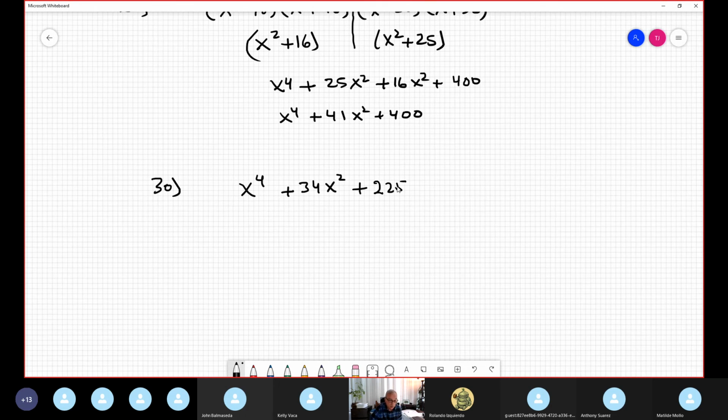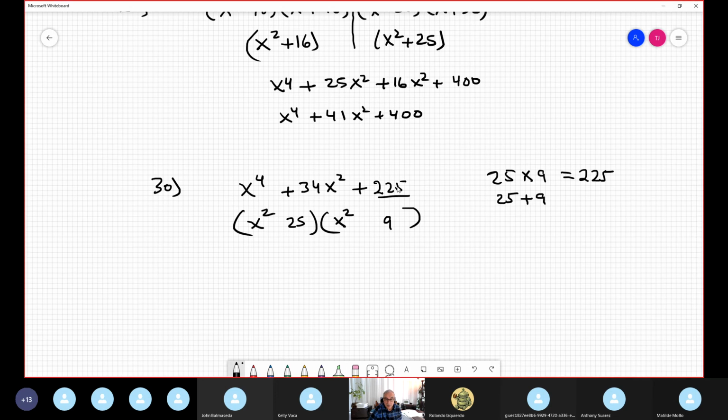So the factorization of this is x squared, and the combination que open the door is 25 and 9, because 25 times 9 is 225, like this number, and 25 plus 9 is 34, exactly like the middle term. This is the combination que open the door. And both signs positive.